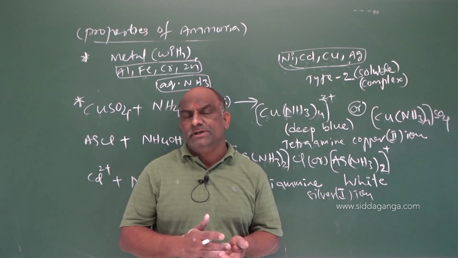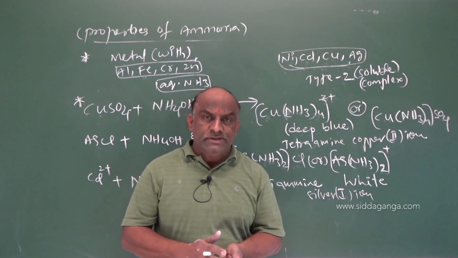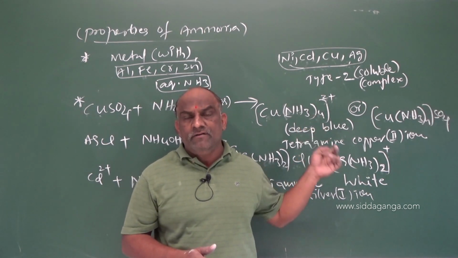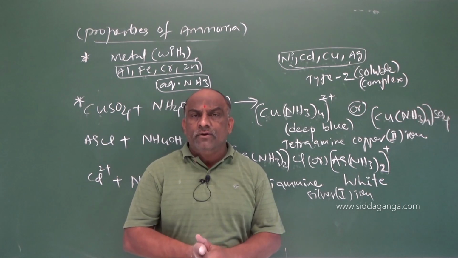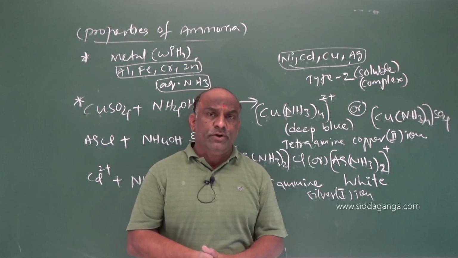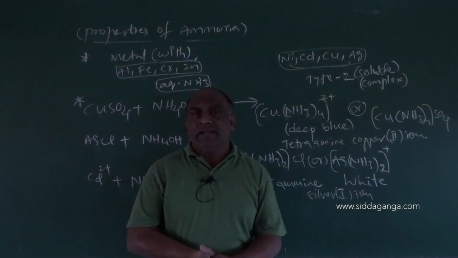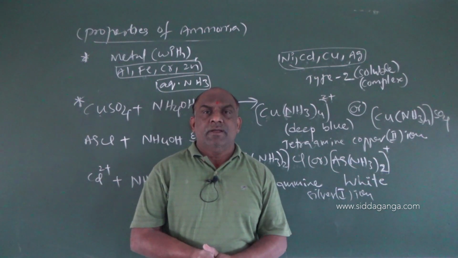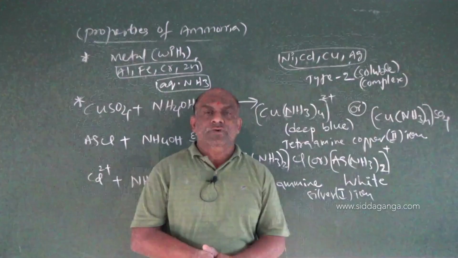Aluminium, white precipitate. Iron, brown precipitate. Copper, deep blue color. Silver, white color. You have to revise these reactions. They are very important from a competitive point of view. Don't neglect them; practice, then you will get the idea. Practice is the perfect solution for your bright future.